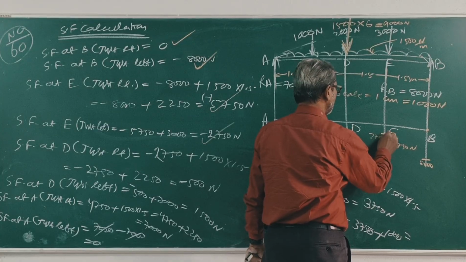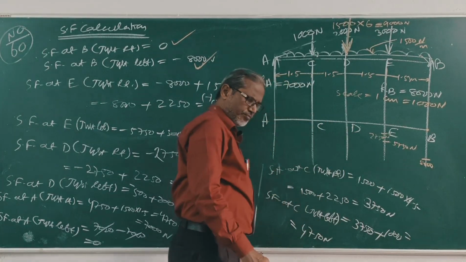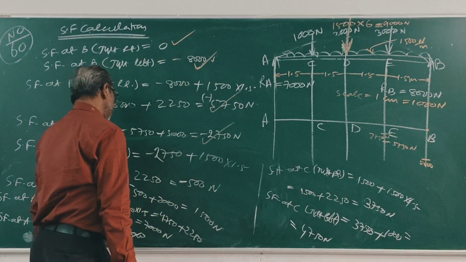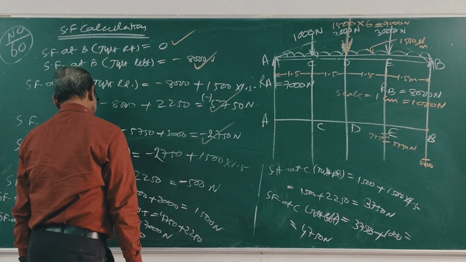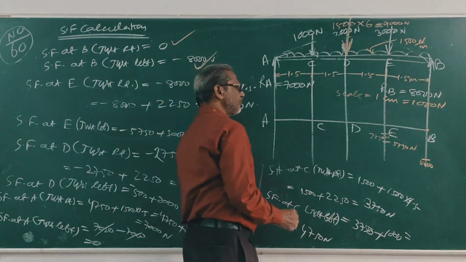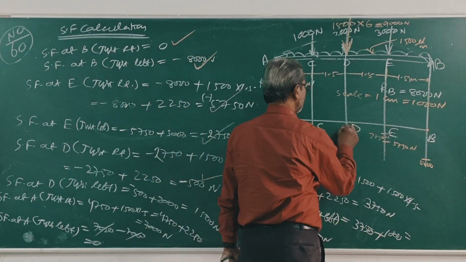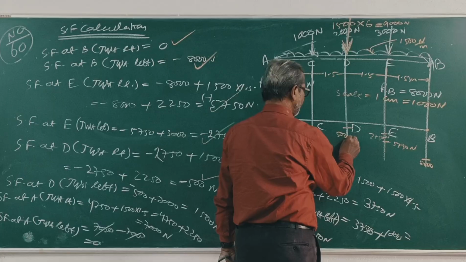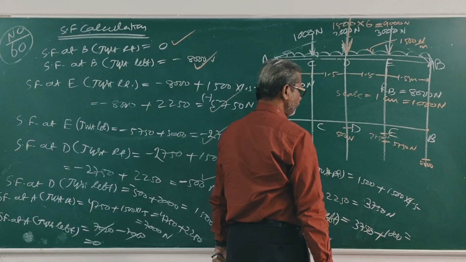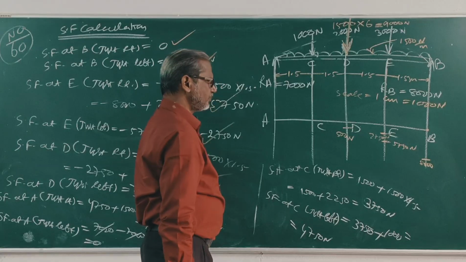Clear? Then D just right minus 500. This is minus 500.